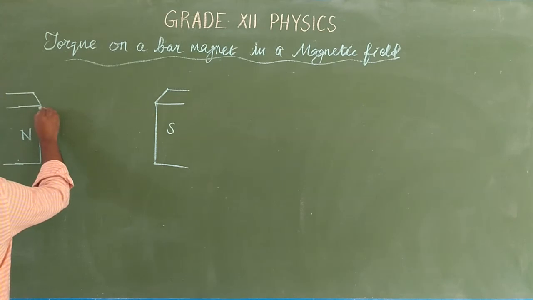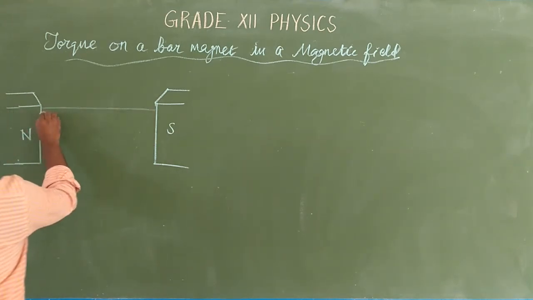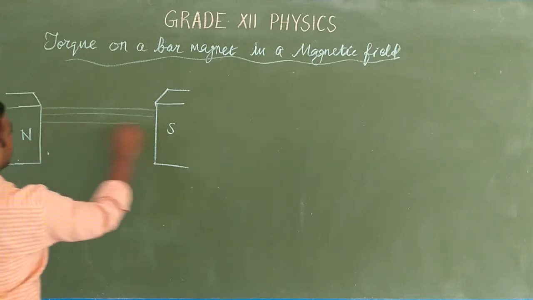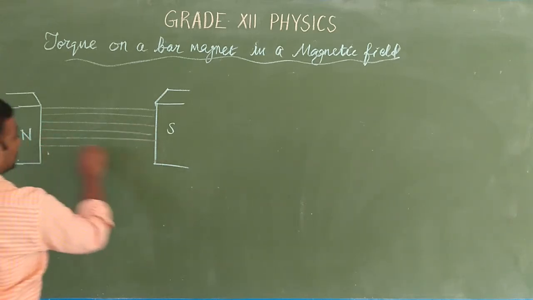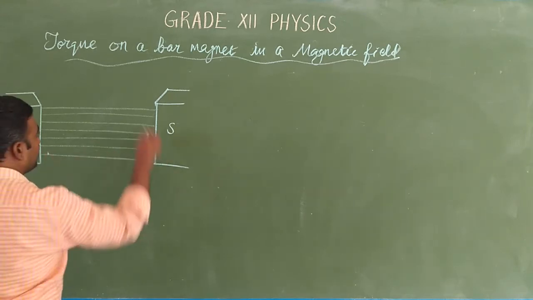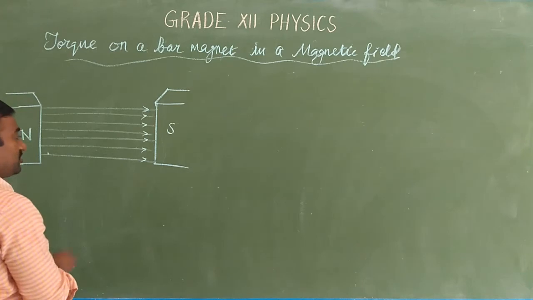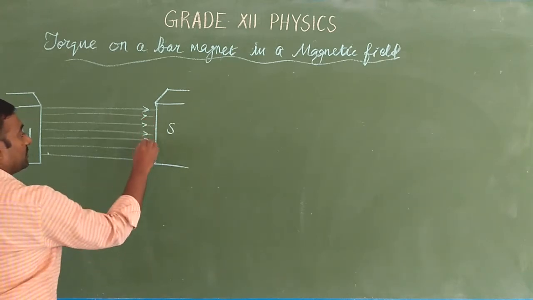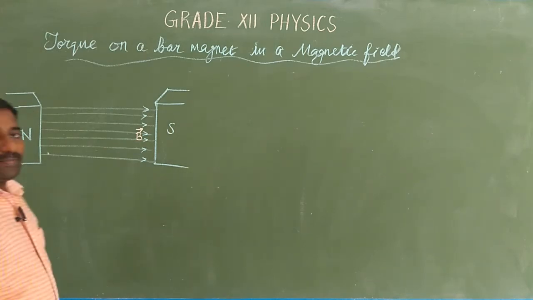So field lines always emerge from the north pole to the south pole. So this is a uniform magnetic field, and this is the direction of the uniform magnetic field. That is denoted by the letter B vector. B vector is the uniform magnetic field.